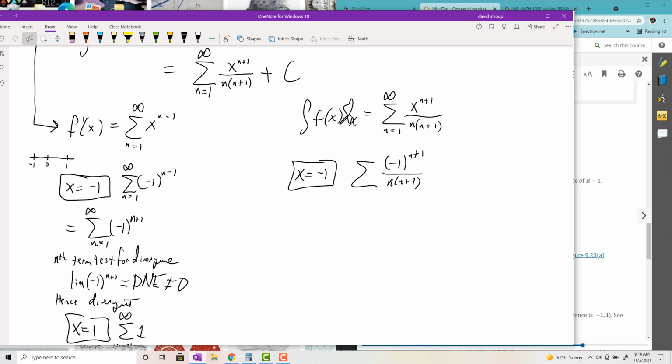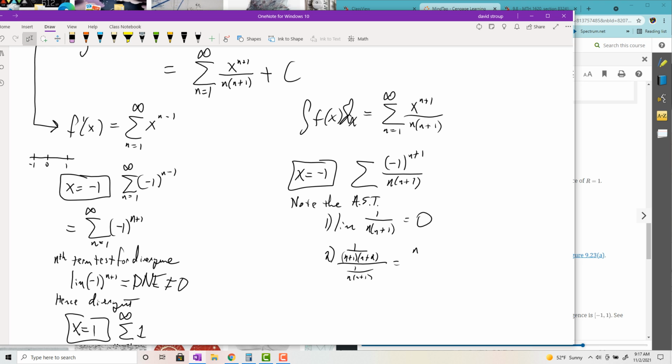That is alternating, so note the AST, the alternating series test. Step 1, you're looking at the limit of a sub n, which is without the -1 to the n plus 1. This will equal 0. Then you could do a ratio test for monotonicity. So you have n plus 1 times n plus 2 all over 1 all over n times n plus 1.